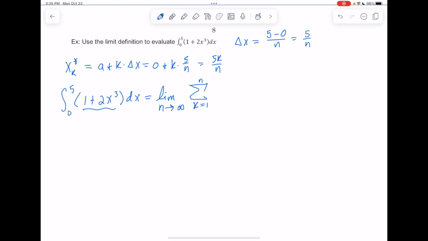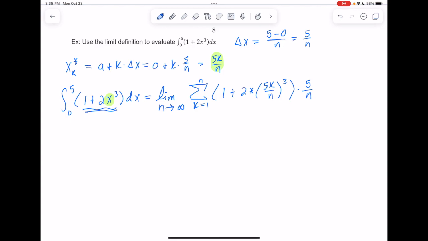So we're supposed to take this function right here, and in place of the x value right there, we're going to plug in x sub k star, which is that 5k over n. So this becomes 1 plus 2 times, and then instead of x, 5k over n, and then that's going to be raised to the third power, and then times delta x, and delta x is 5 over n.